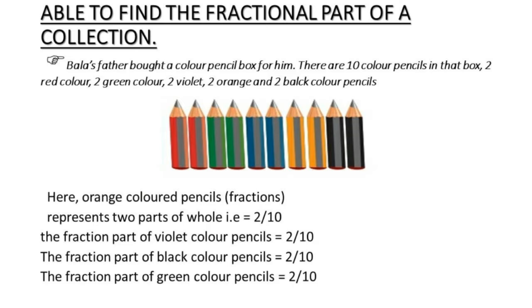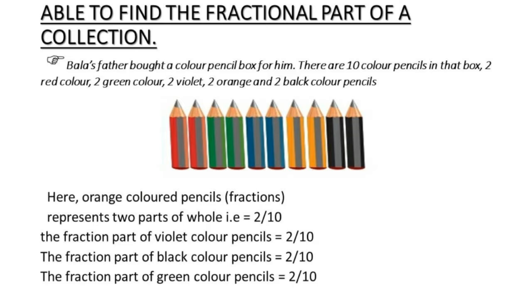Now we are going to write the fractions for these pencils. Here the orange colored pencils' fraction is 2 parts of a whole, that is 2 out of 10. So orange color is 2 out of 10 colors.